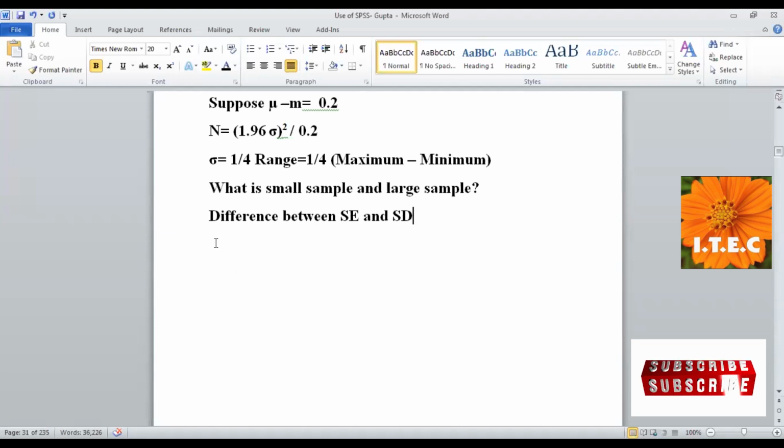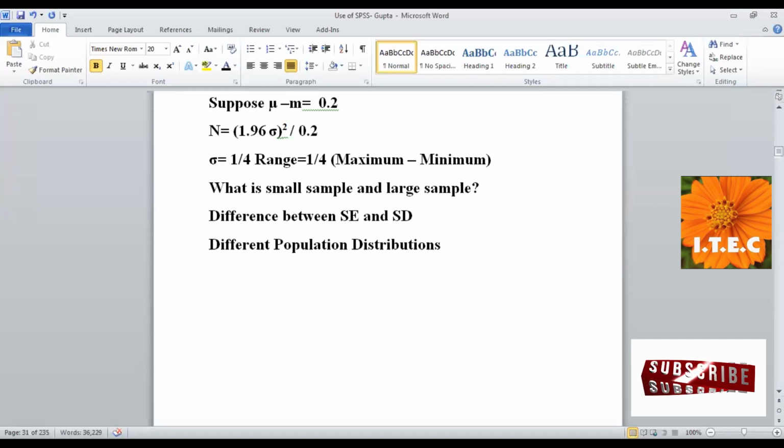Now, you know that whenever you collect data from any population for any variable, that variable has a distribution in the population. So I'm telling you about different population distributions.